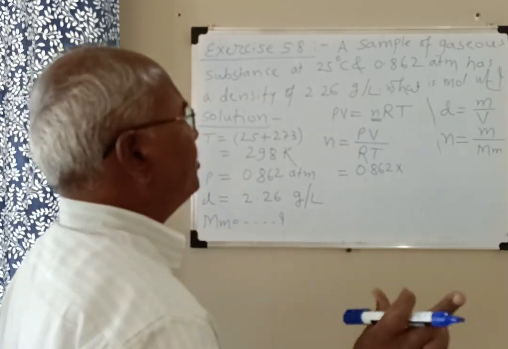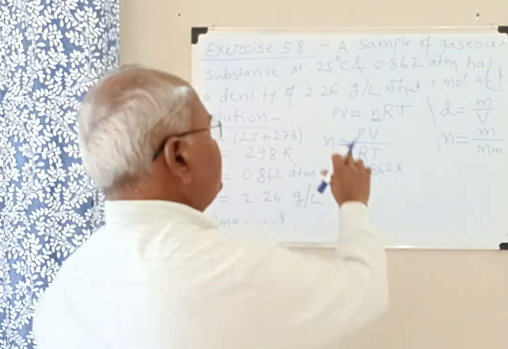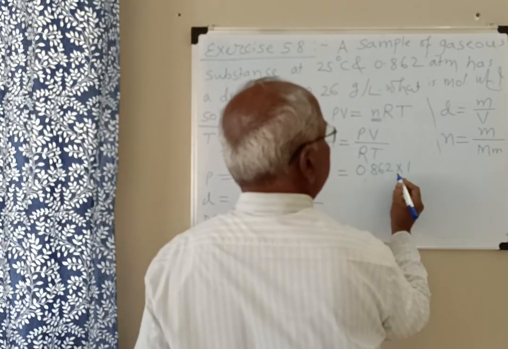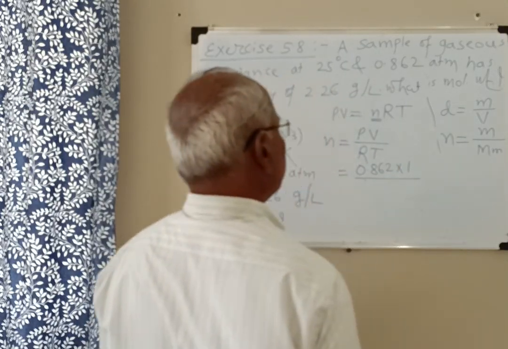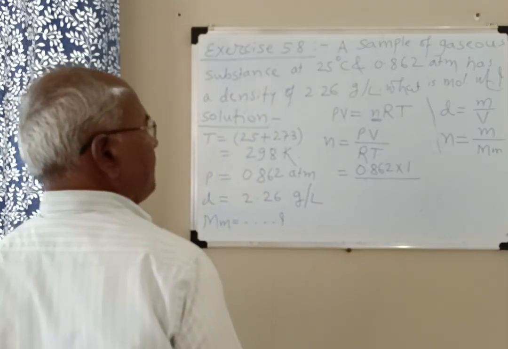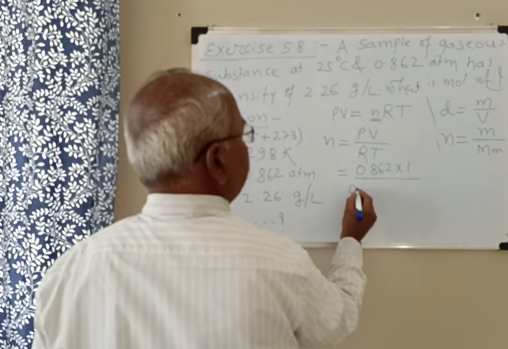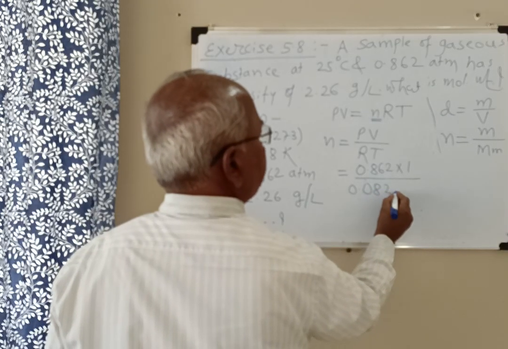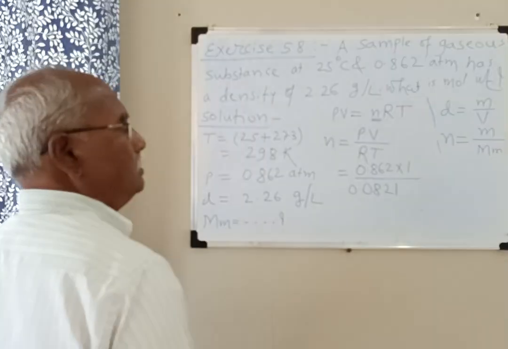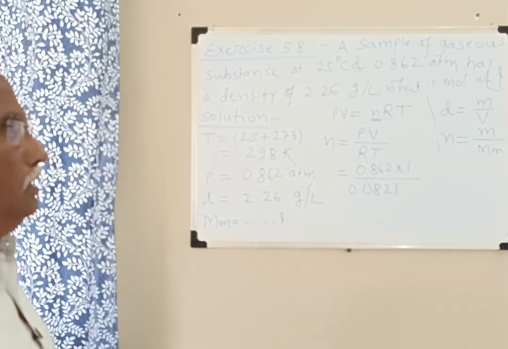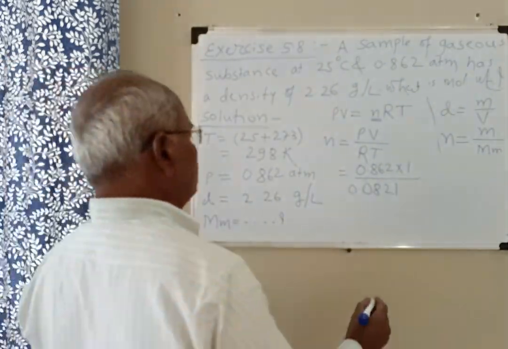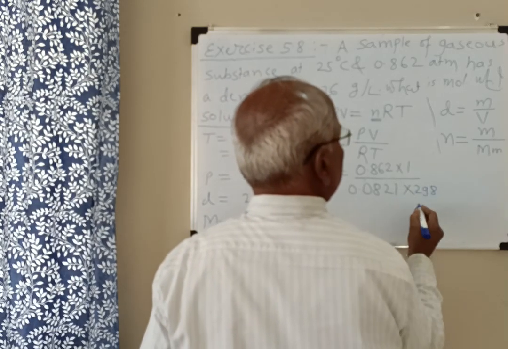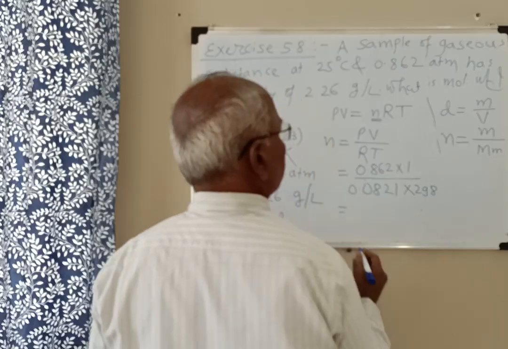The volume is not directly given, but here density is expressed in gram per liter, therefore I take 1 liter, divided by R gas constant 0.0821 into temperature 298.